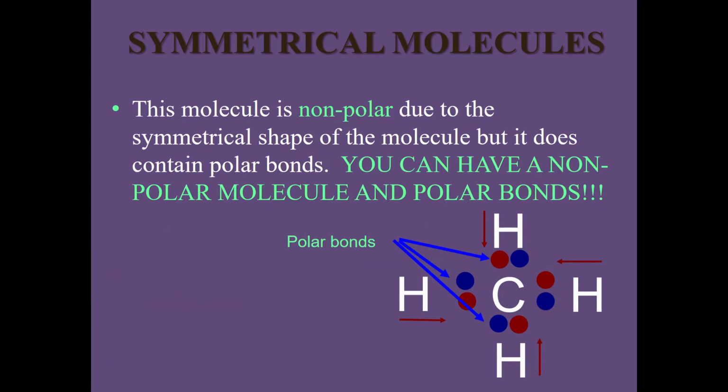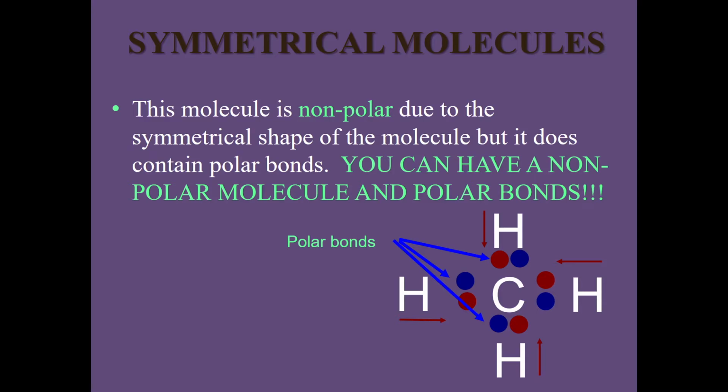So this is a symmetrical molecule. The molecule is nonpolar due to the symmetrical shape. It does contain polar bonds. The carbon is more positive than the hydrogen. Oh, I said that wrong.